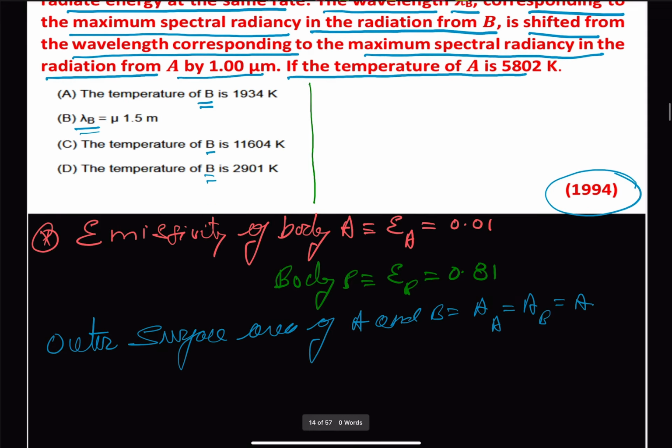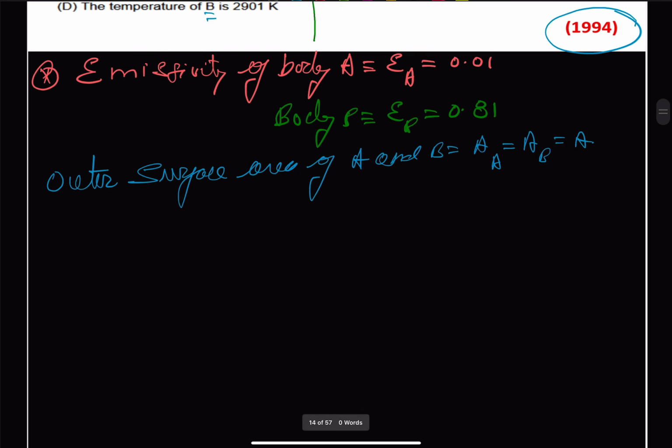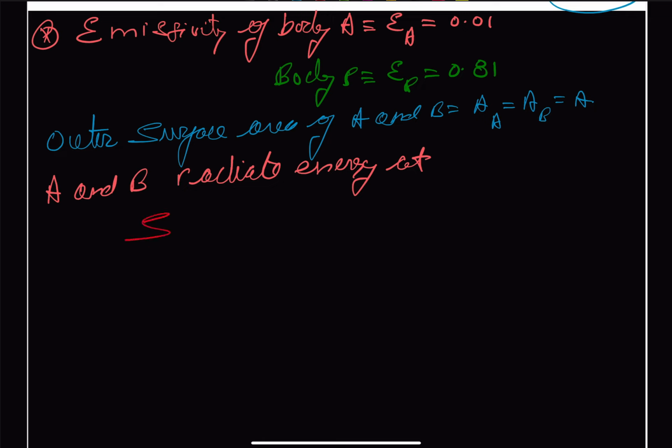And it is also given that they are radiating energy at the same rate. Therefore we can write that A and B radiate energy at the same rate.